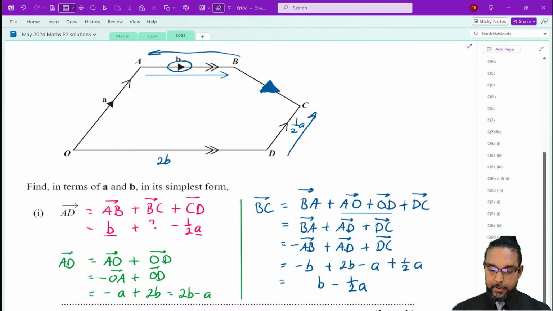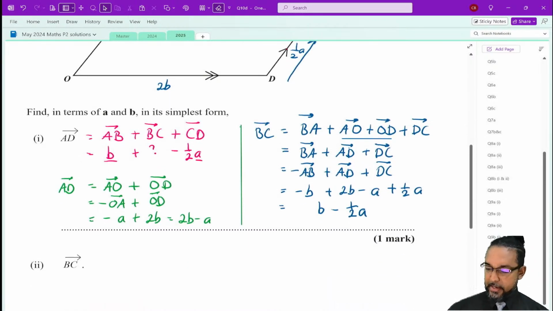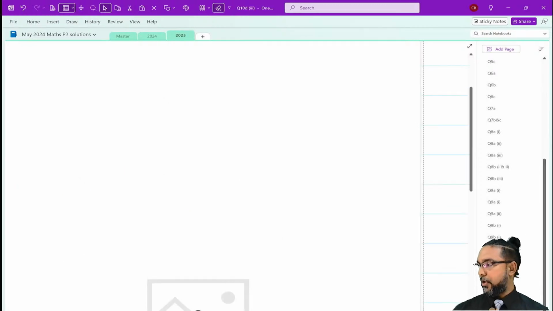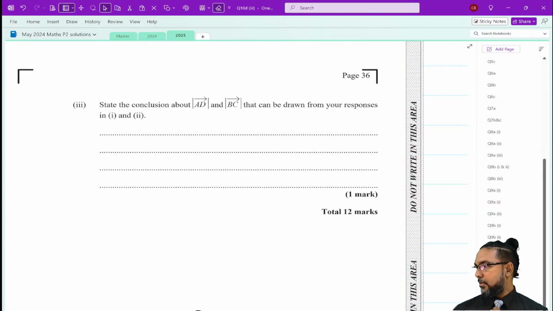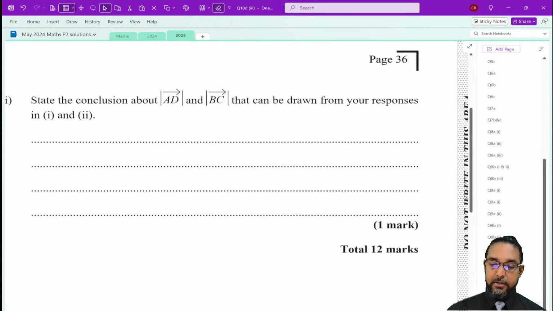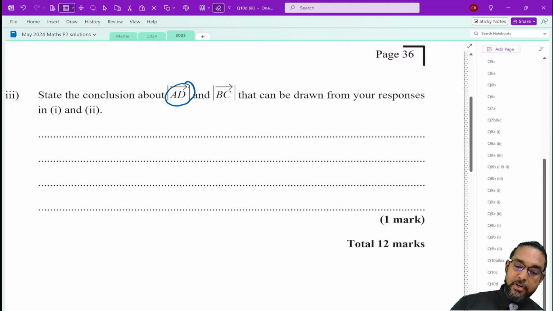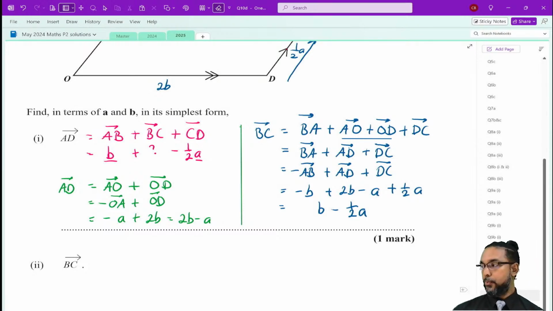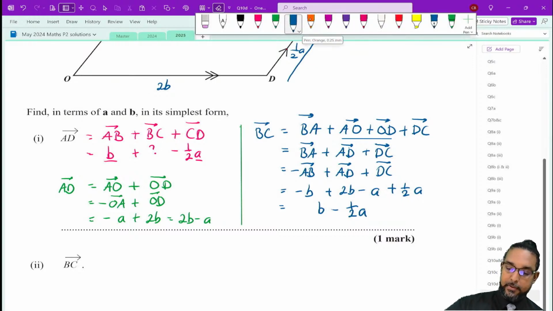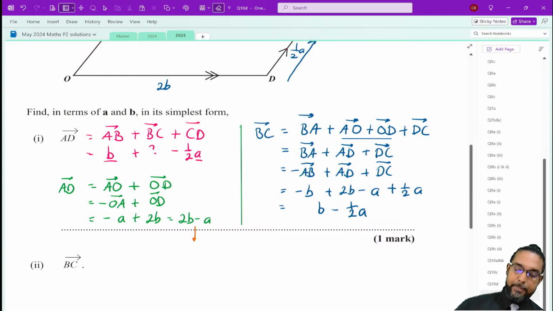Okay. Now, they ask us something on the very last page here: state the conclusion about the magnitude of AD and BC that can be drawn from your responses in part 2. You could go and work out the magnitude, which is basically a Pythagoras theorem thing.